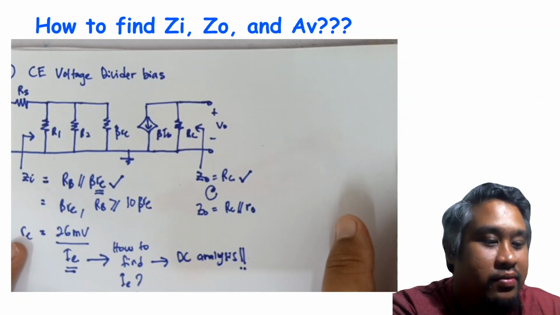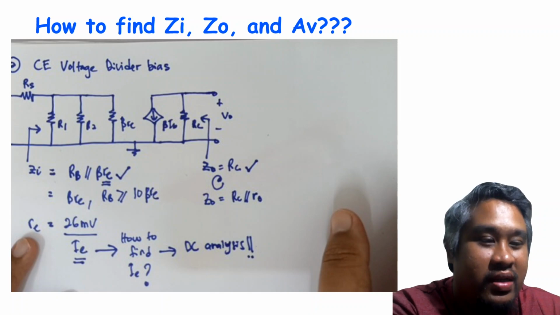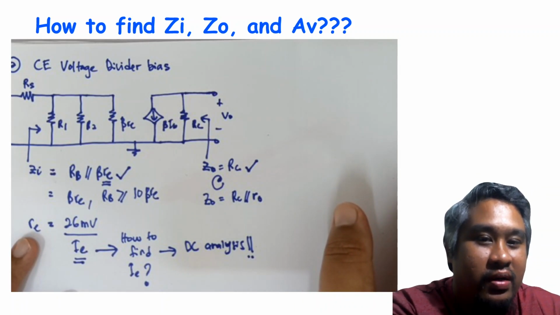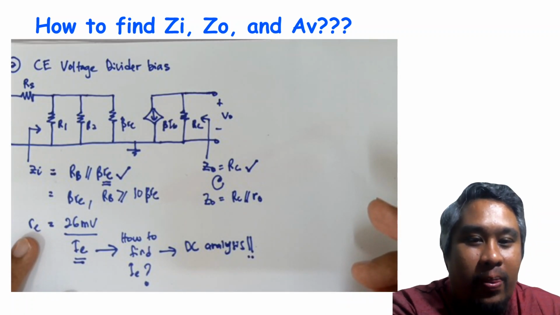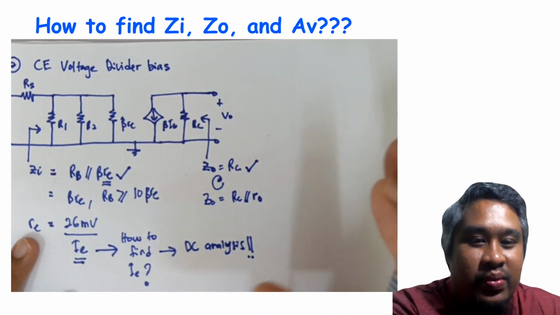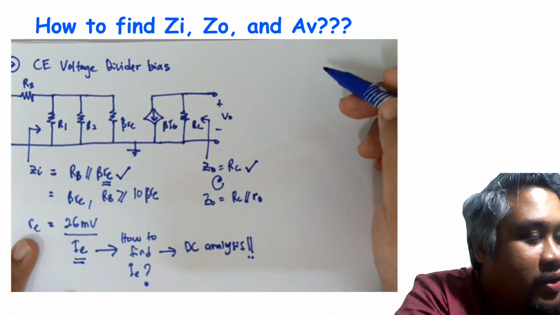We have to remember the original circuit. For DC analysis, the steps are to replace the capacitors with open circuits, separate the VCC, and then connect them.